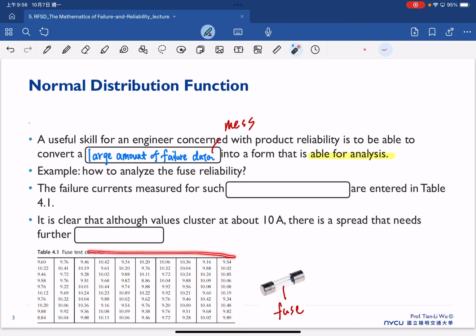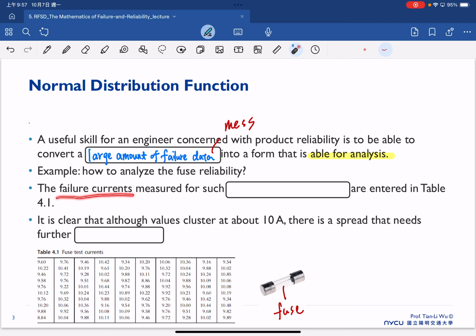So we consider this table. What you have a feeling for is that the failure current is roughly around 10 amps, but sometimes it's plus or minus a certain small range. That's the only information we can get if we collect the data in this way.